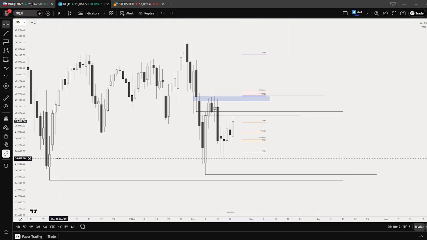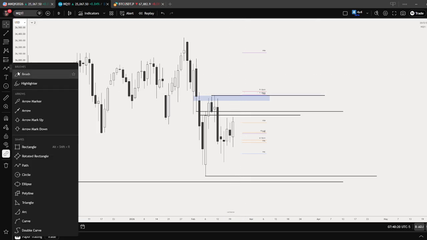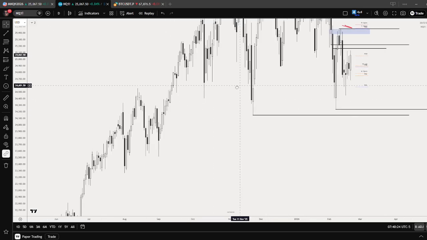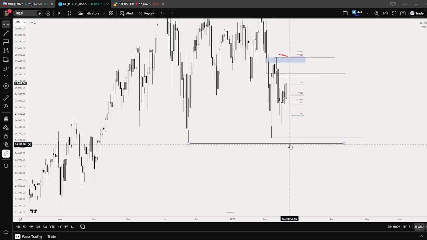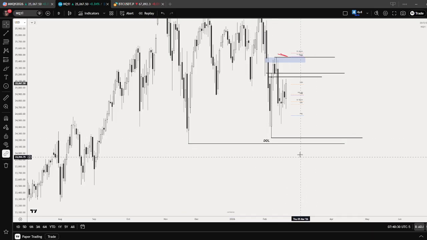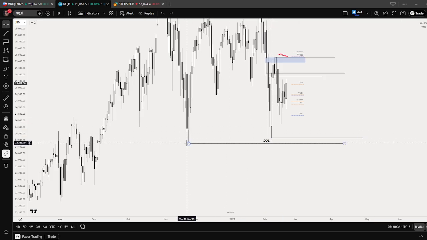So this is what I'm looking for. So I'm looking for lower prices on the daily as long as we are not closing above the following balance. This is annotated right there. Because we have a clear draw on liquidity, this is my draw on liquidity combined with this low that we created in advance of this low.